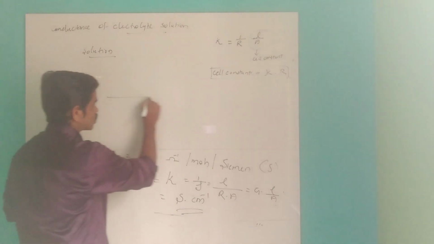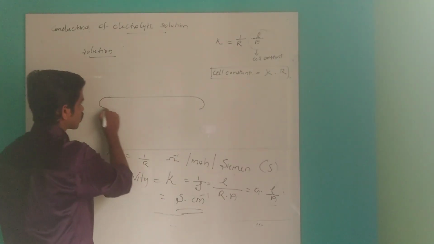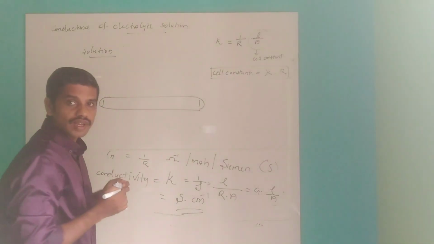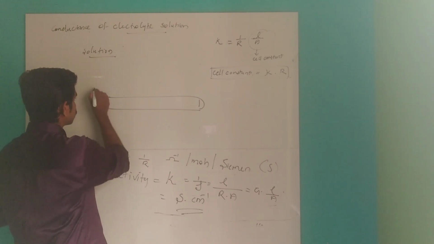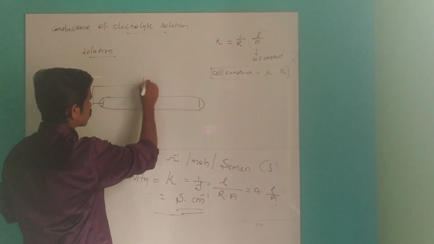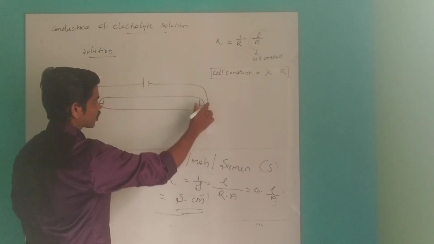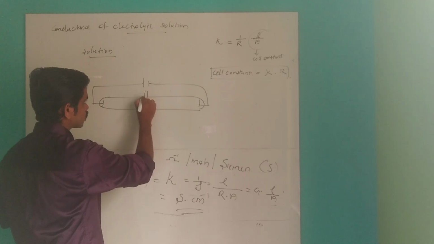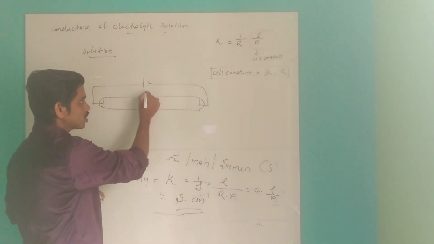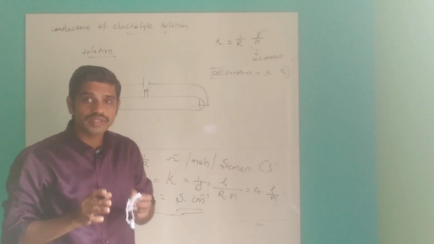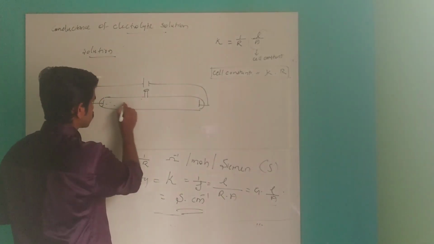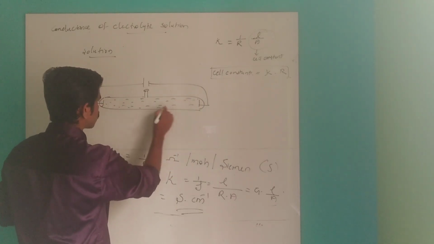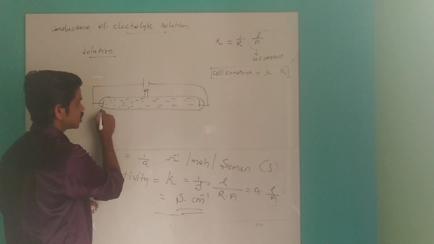Take a glass tube. This glass tube is fitted with two platinum electrodes connected by a battery. Inside this, you take the solution whose conductivity is to be measured.